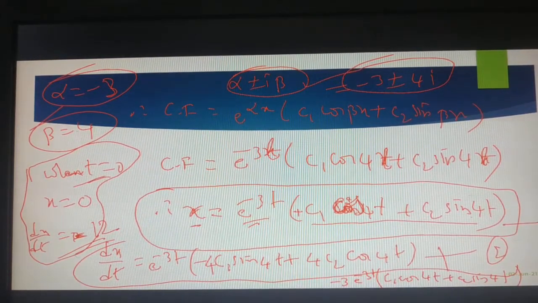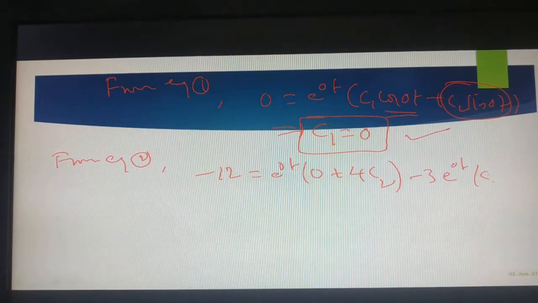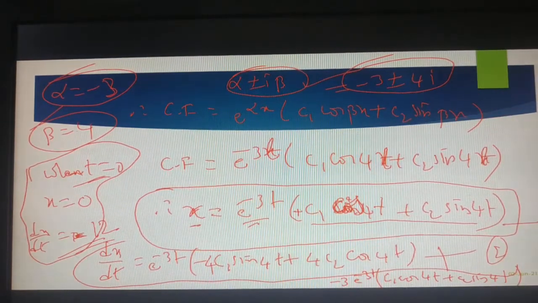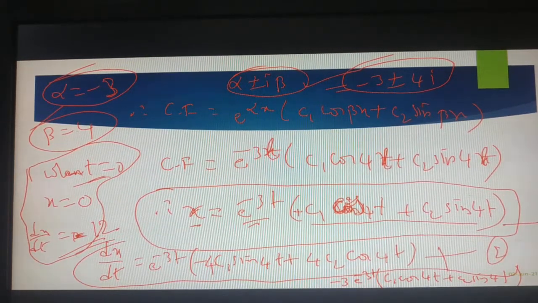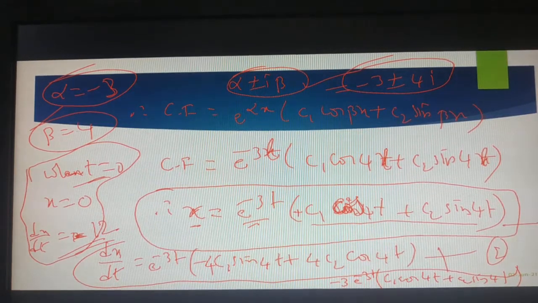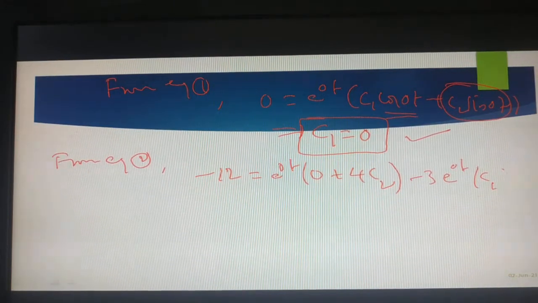So what will I get? Simply I will get c1 cos 4t, which means simply c1, right? Cos 4t value is 1, since in place of t I am substituting 0. c2 sin 4t will be 0 into c1. Okay.